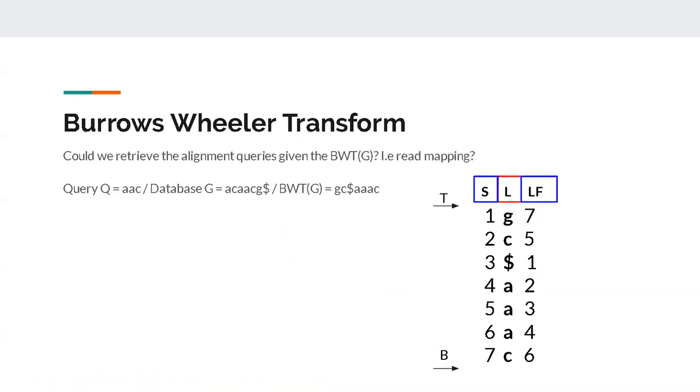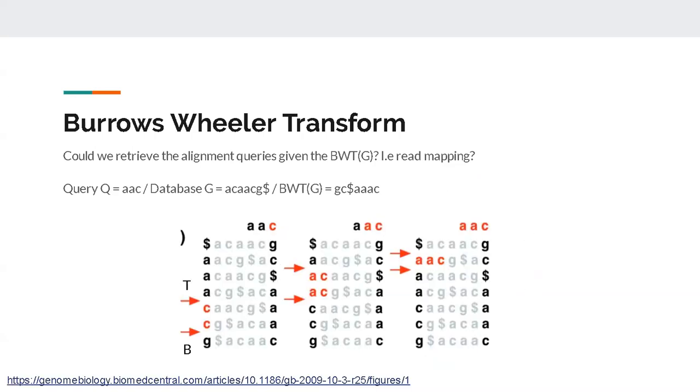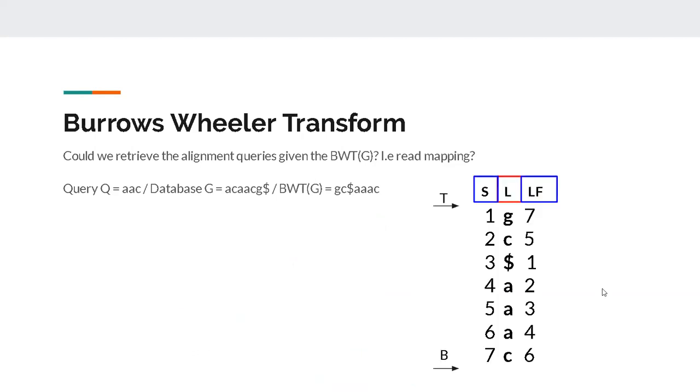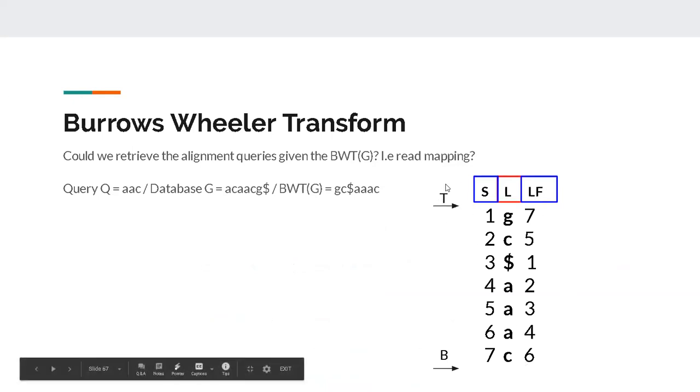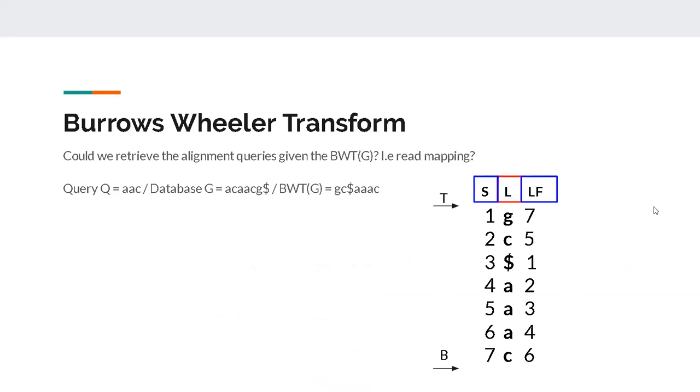So then let's try to do this mapping again now without looking at the first column. Again, coming back to the LFs that we already have, we have a T and a B. So we have a top pointer, we have a bottom pointer, and we will start off somewhere. Now we will keep shifting our pointers till we look at the first C in either direction.